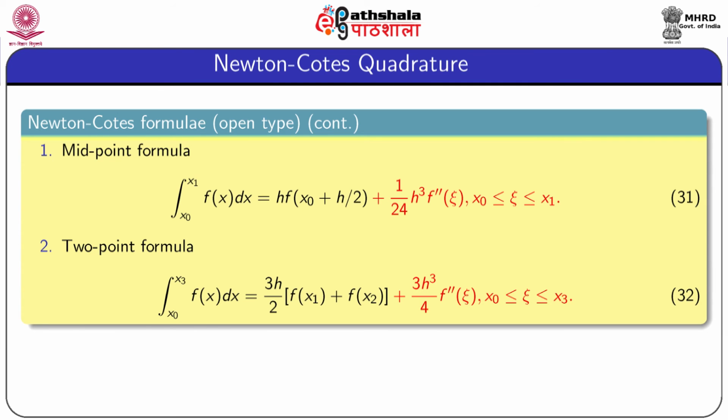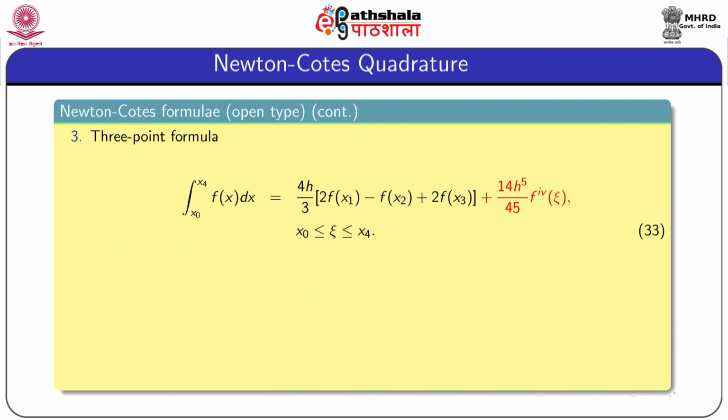Now we consider another formula known as the 2-point formula. Here also the integral from x0 to x3 of f(x) dx is equal to 3h by 2 times (f of x1 plus f of x2). In this formula also the endpoints x0 and x3 are excluded, and the last term indicates the error term.